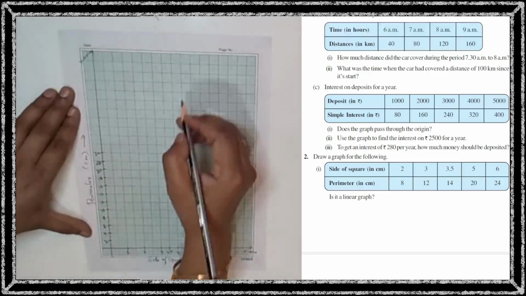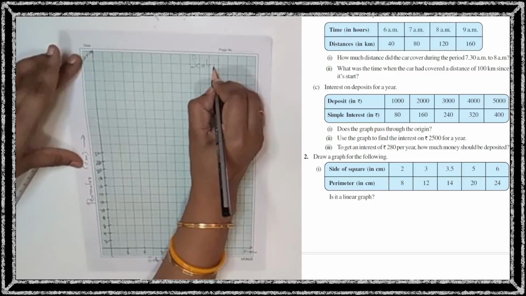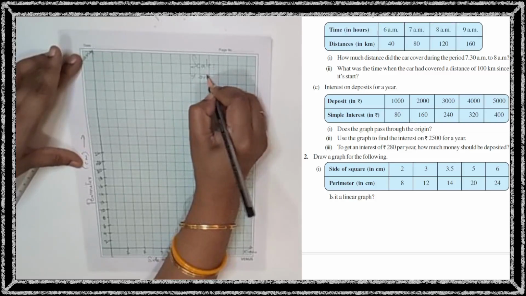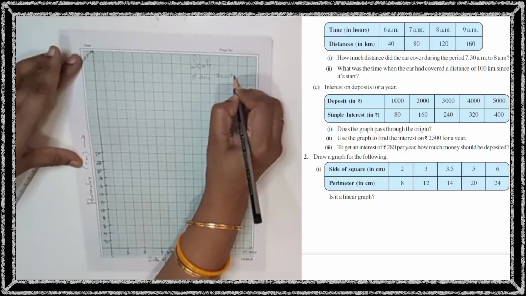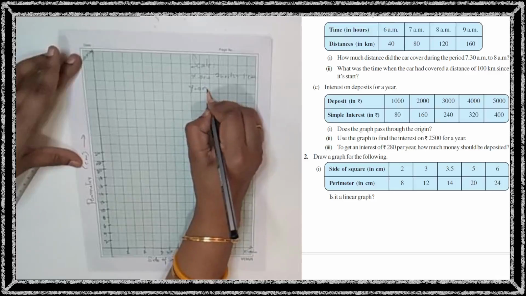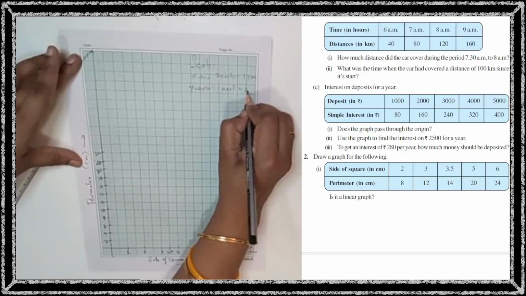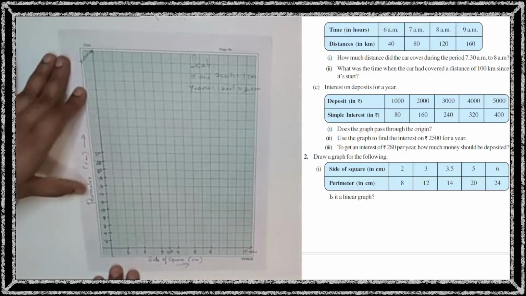So now let us write the scale. Now I can write because this place is going to be empty, no problem. X-axis I have 2 units is equal to 1 centimeter, and y-axis 1 unit is equal to 2 centimeters, right?